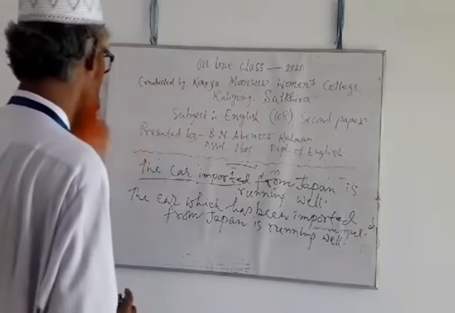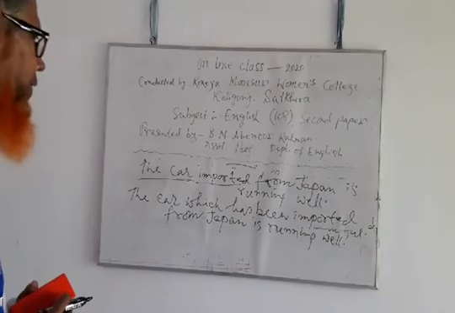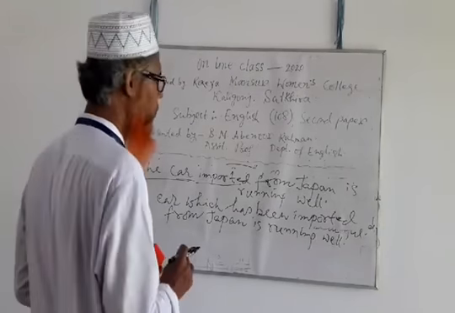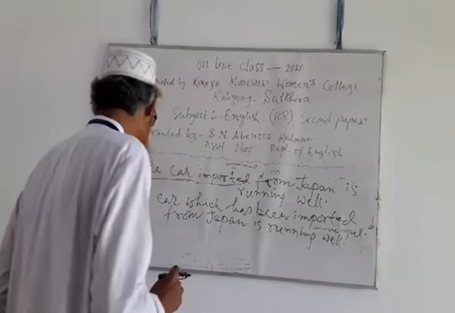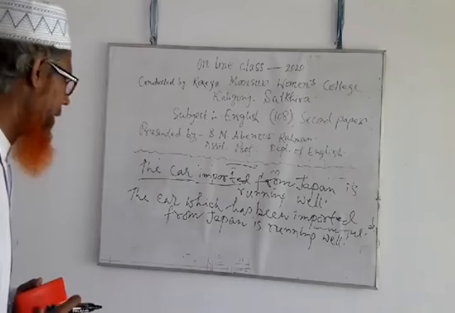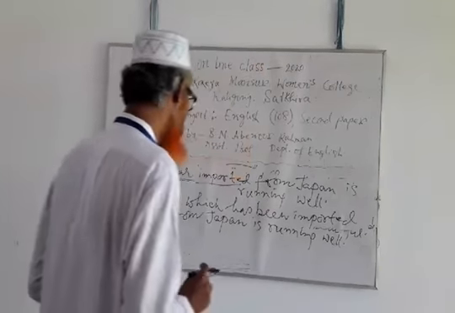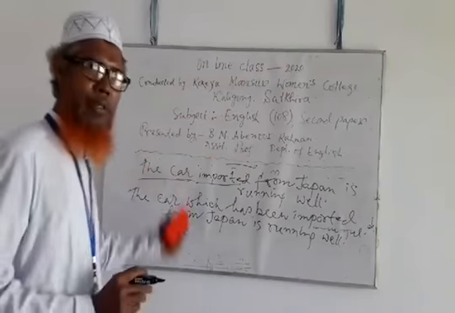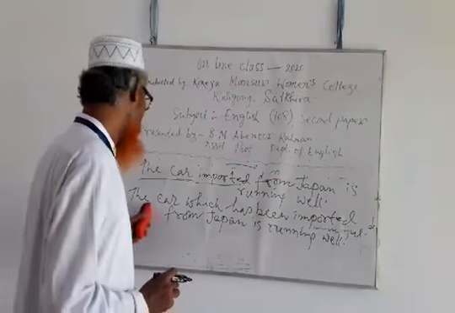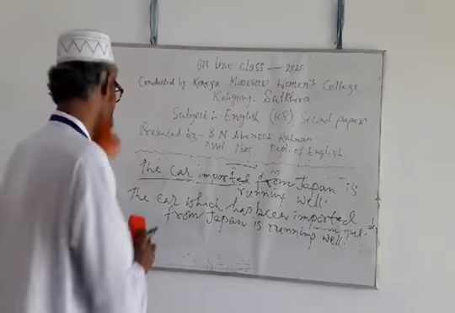You notice here the simple sentence, the car imported from Japan is running well. In Bengali you can say Japan থেকে আমদানিকৃত গাড়িটি ভালো চলছে. Here in case of a complex sentence we say in this way: যে গাড়িটা জাপান থেকে আমদানি করা হয়েছে সেটি ভালো চলছে. In sense it is passive. That's why here we use has been. Understand? The car which has been imported from Japan is running well.